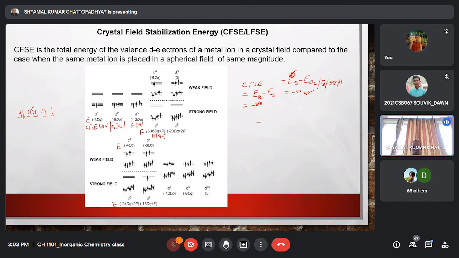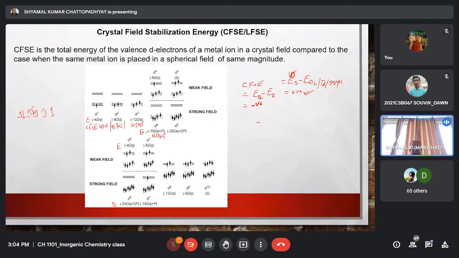Now when you go to d8, d9 and d10, there is no ambiguity. There is only one possibility, t2g6 eg2, and you can calculate the energy of the system as minus 12 Dq, and so the CFSE will be plus 12 Dq. For d9 it is minus 6 Dq, and so CFSE will be plus 6 Dq.